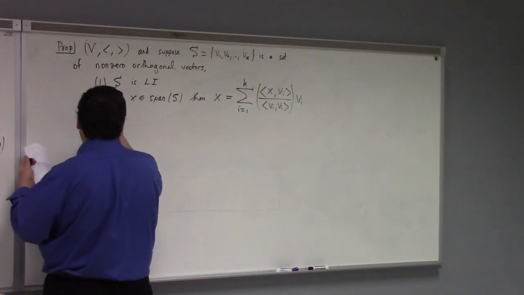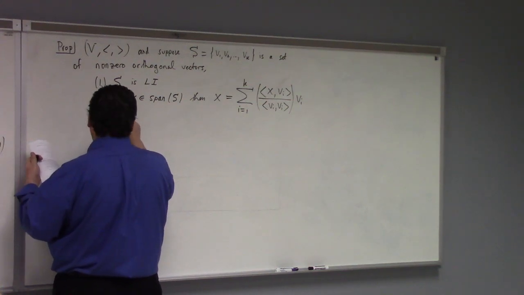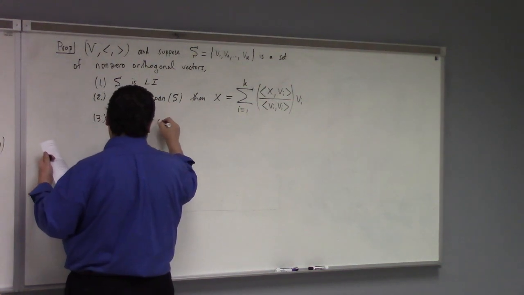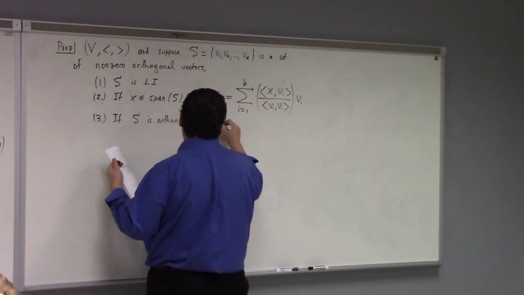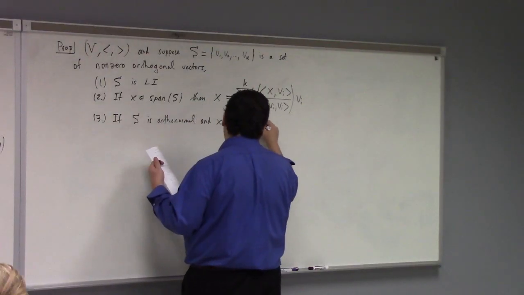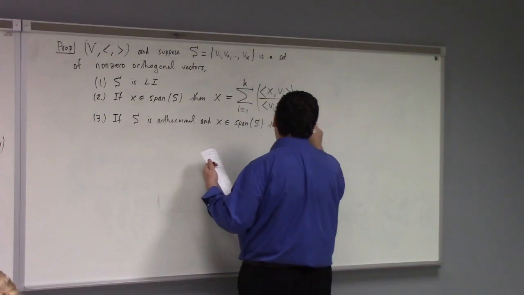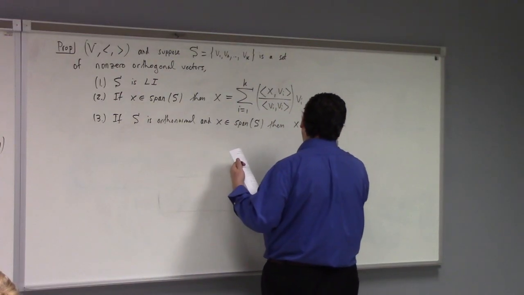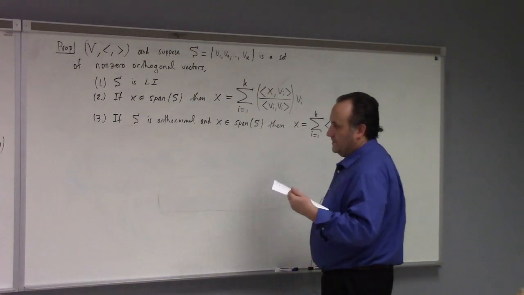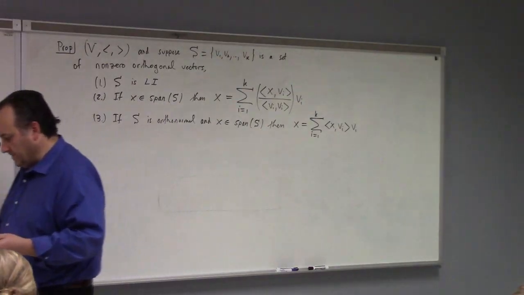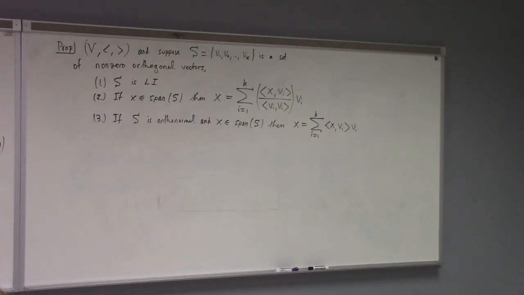Number three, if S is orthonormal and x is in the span of S, then x is equal to the sum i equals 1 to k of the inner product of x with vi times vi. All right. So let's prove it.